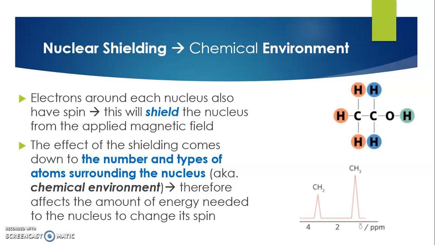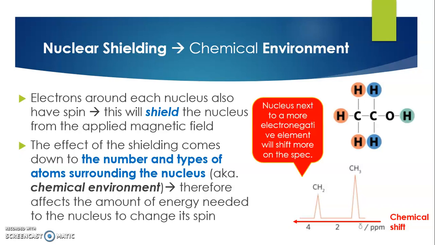So as a result, these two carbons will produce two different peaks on the spectrum. The position where these two peaks appear is called a chemical shift. Okay, so you notice that a nucleus, like this carbon, that is connected to a more electronegative element, like oxygen, will shift more on the spectrum.